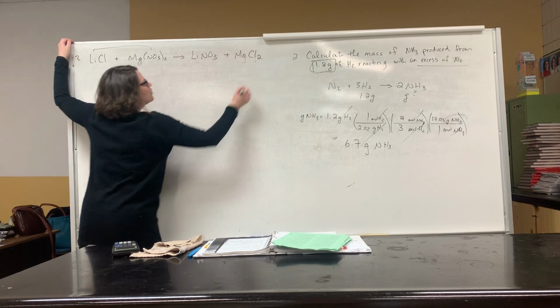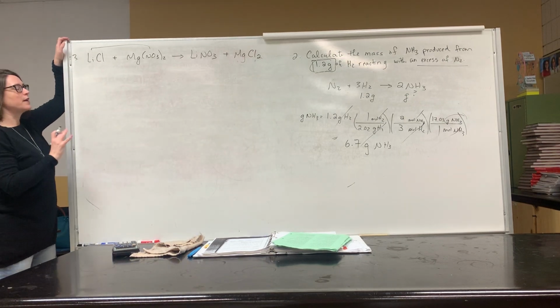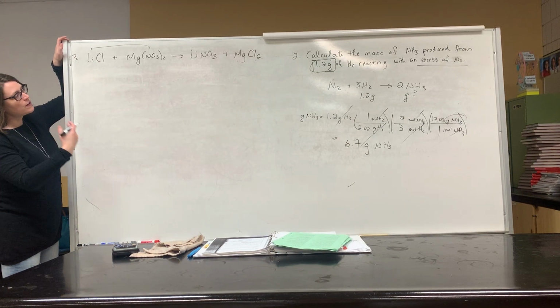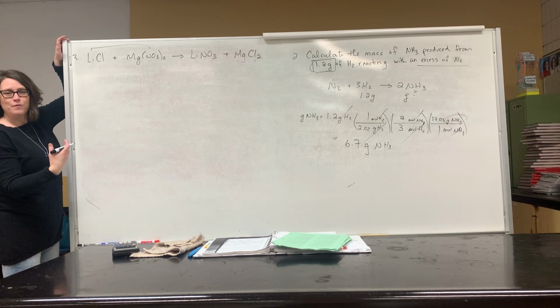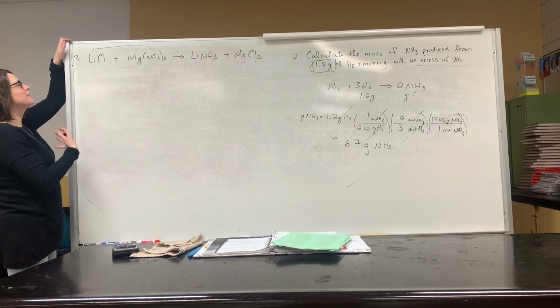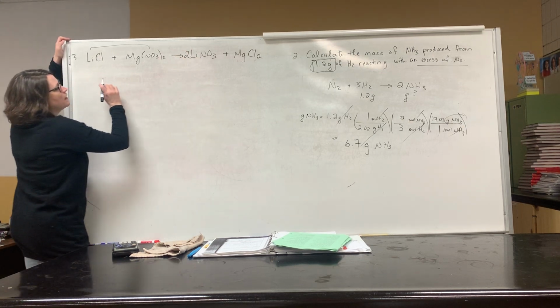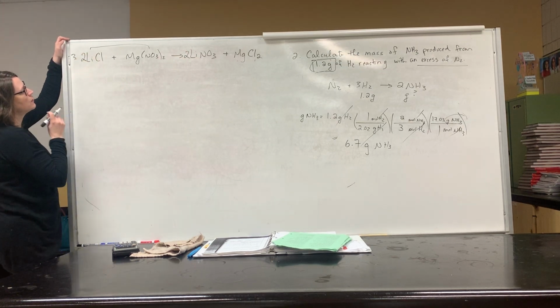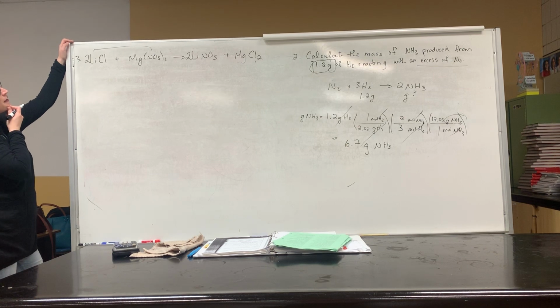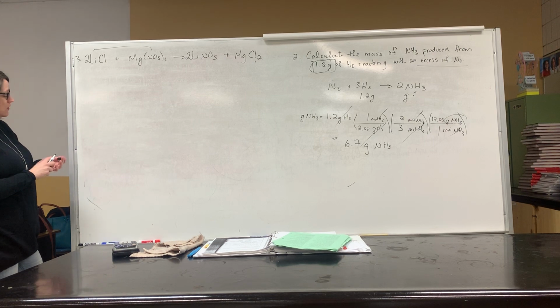So I'm going to need 2 chlorine atoms for every 1 magnesium. So I look at that there. What do I need to remember to do? Balance, yes. So I'm going to need a 2 here and a 2 here. And is it all balanced? Yeah, it's all balanced. Okay, so let's take a look at this.